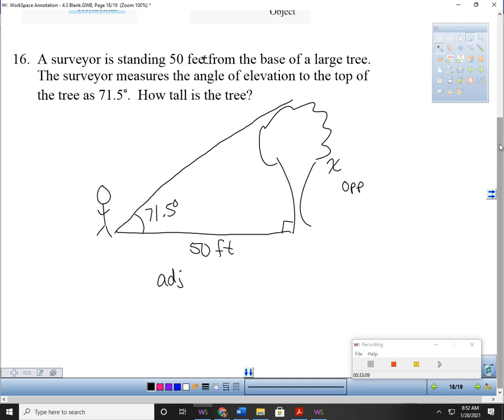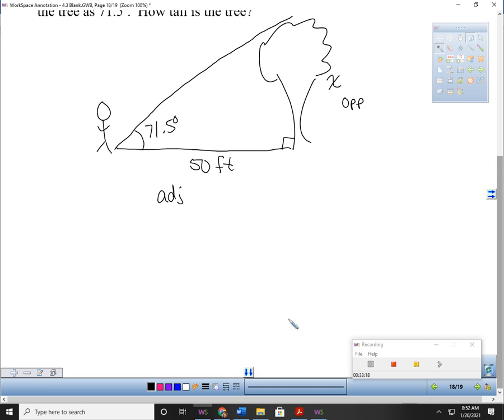So which trig function deals with the opposite side and the adjacent side? Think about your SOHCAHTOA. The tangent, right? So I'm going to do tan of that angle right there, the 71.5, is equal to the opposite side, which is x, over the adjacent side, which is 50. Now I just have to solve for x. So I'm going to multiply by the 50 to get that off the bottom.